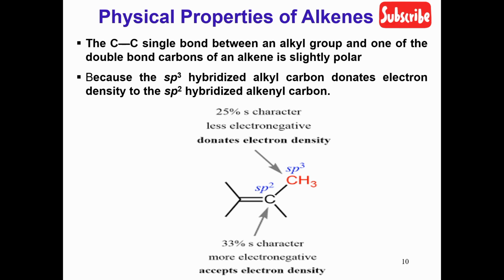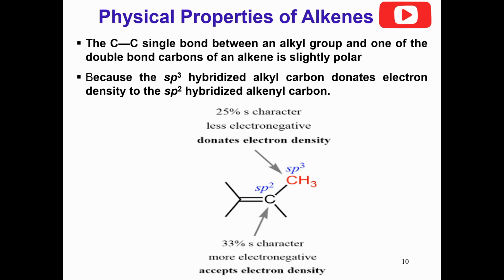The s character of alkenes is higher than that of alkanes. This makes alkenes slightly more polar than alkanes. Looking at the structure, alkyl groups which have sp3 hybridization are going to have more electron density, so they are going to donate electrons to the sp2 carbon, which is the carbon of the alkene. And the carbon of the alkene is more electronegative because of its higher s character.